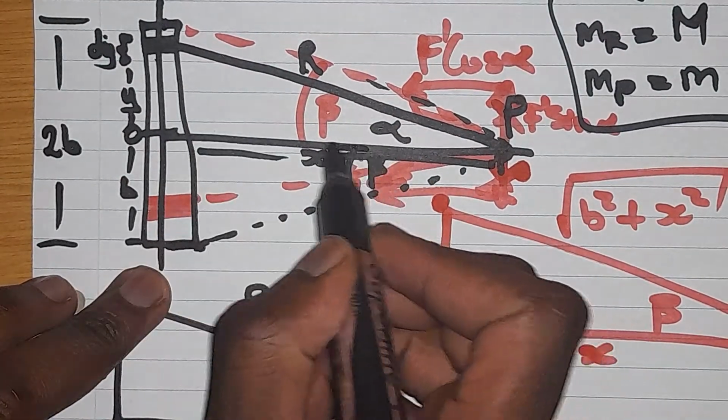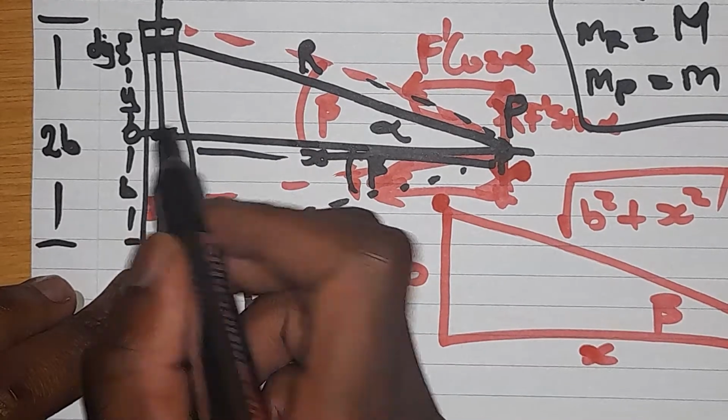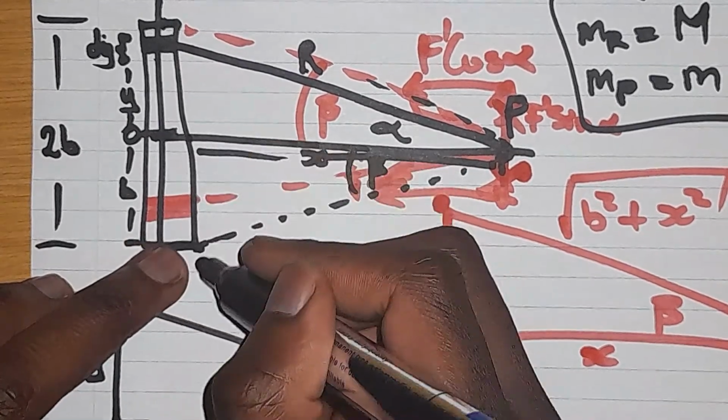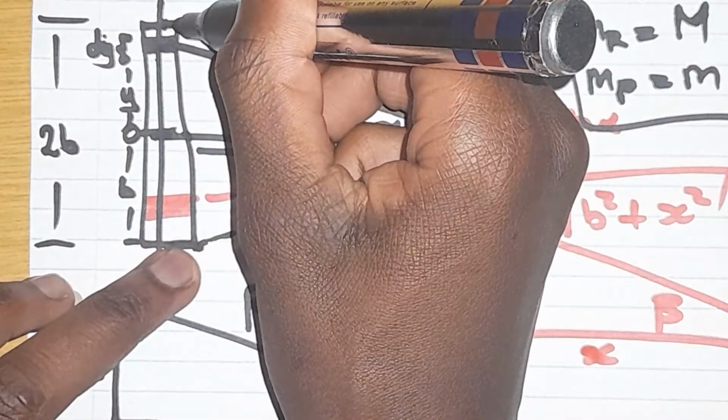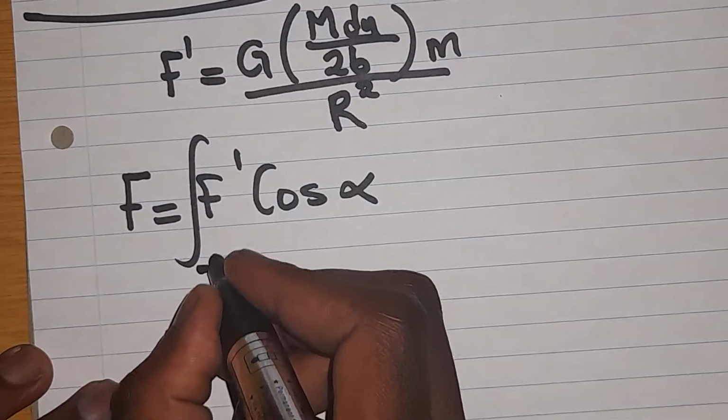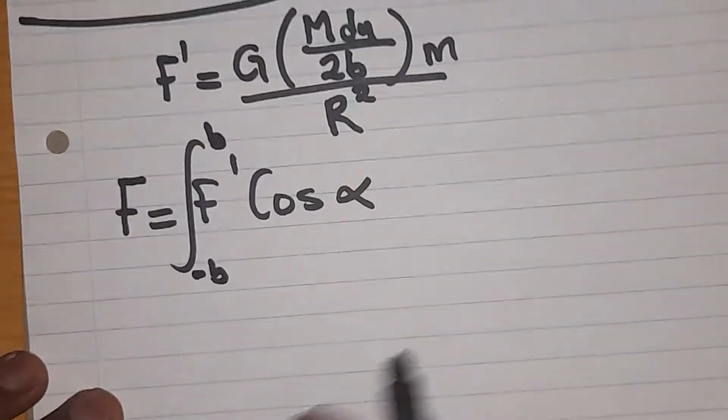If the x-axis is at the center of the rod, we can say from the center to this point it's negative b, and from the center to that point it's positive b. So in our integral we're integrating from negative b to positive b.